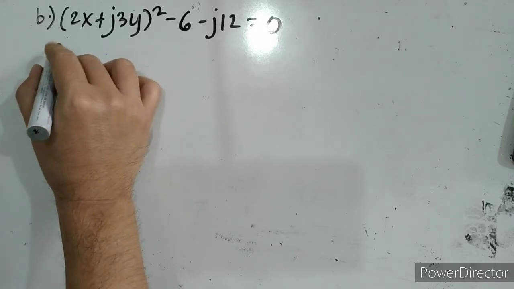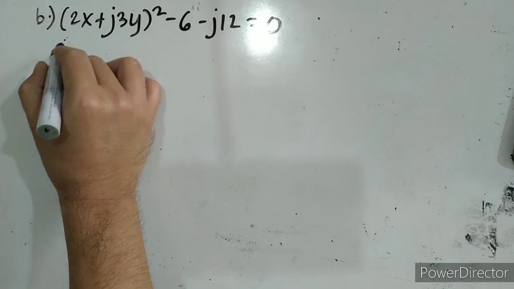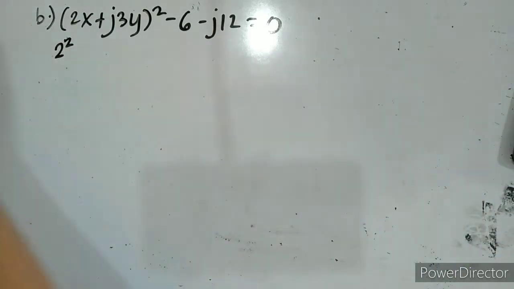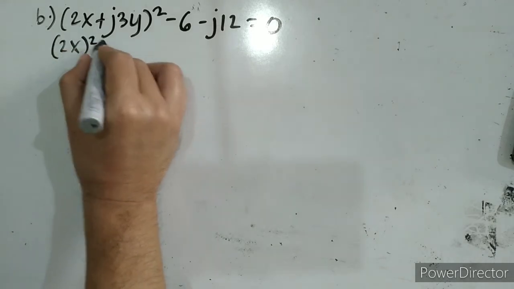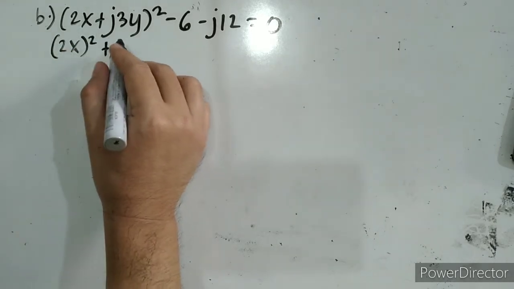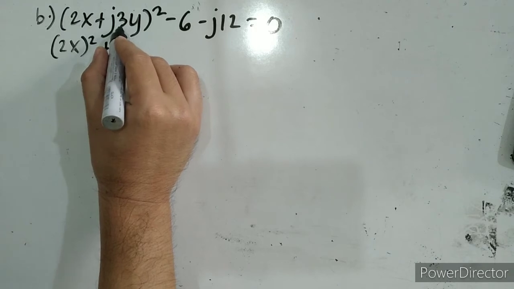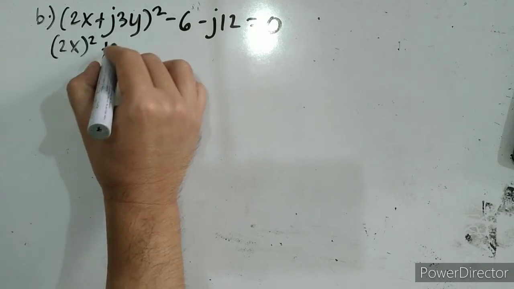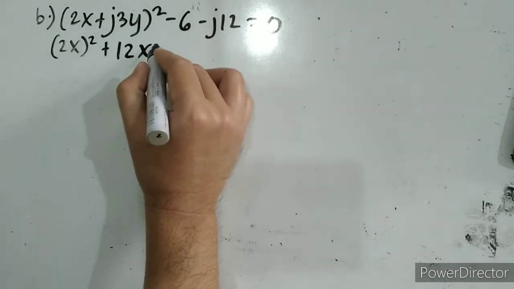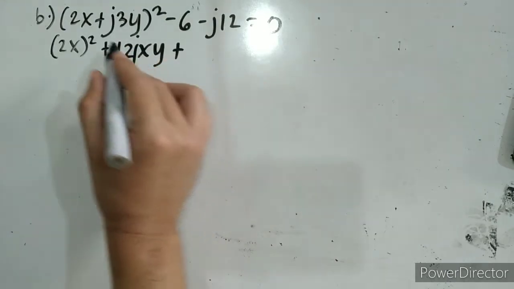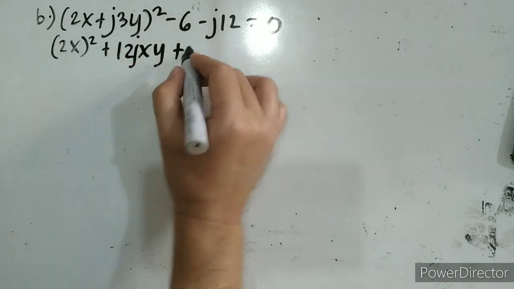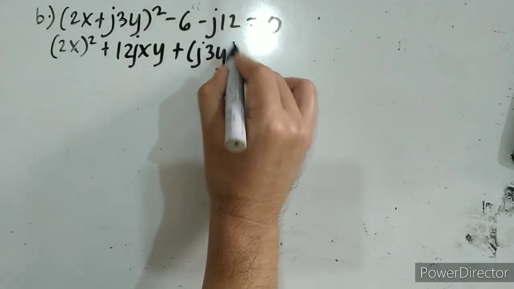So this becomes (2x) squared plus 2ab, so 2 times 2 times 3, 12, jxy, plus (j3y) squared.